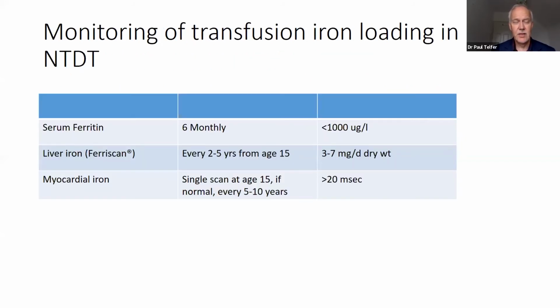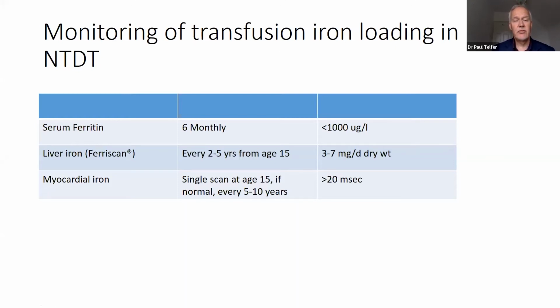Next slide. So in the same way that I gave some guidance on transfusion-dependent thalassemia, this would be the suggestion for non-transfusion-dependent thalassemia. Serum ferritin doesn't need to be monitored so frequently, but most of these patients will be having a clinical review every 6 months to every year, and that should include serum ferritin.